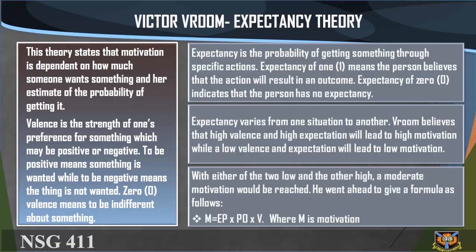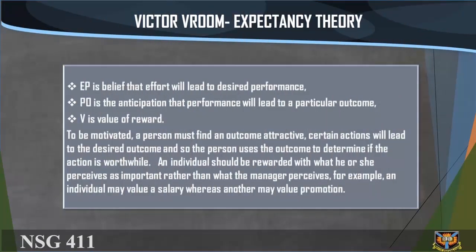M equals EP times PO times V, where M is motivation. EP is belief that effort will lead to desired performance. PO is the anticipation that performance will lead to a particular outcome. V is value of reward. To be motivated, a person must find an outcome attractive.